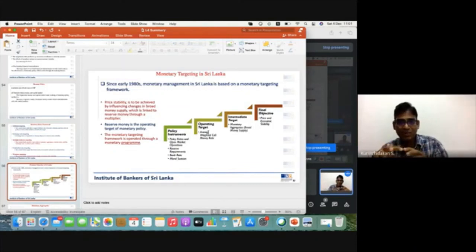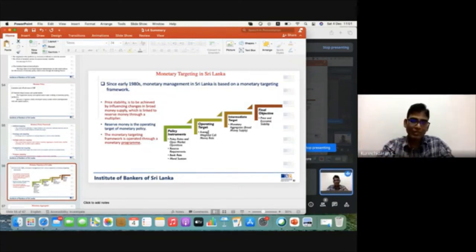So that's the call money rate. So what should be the call money rate? The central bank knows if the call money rate is 5%, then the monetary aggregate will be like this. If we can maintain the monetary aggregate like this, then inflation might be like this. All kinds of forecasting, right?